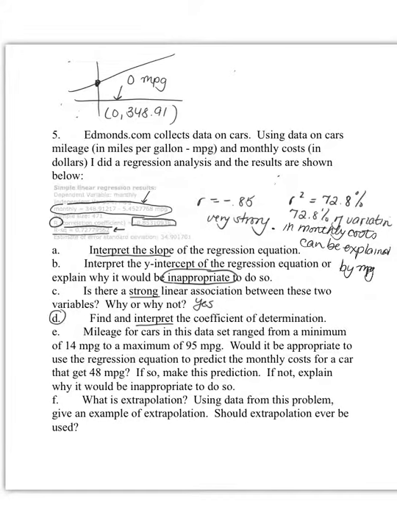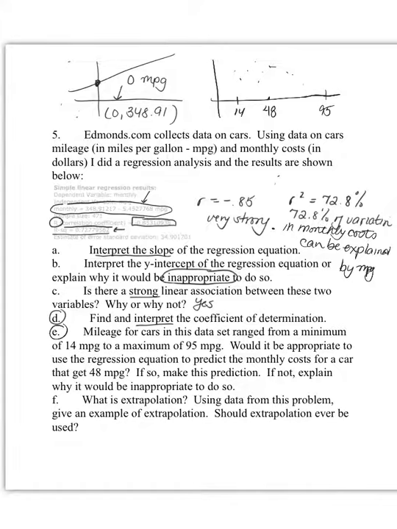All right, and number E asks us to use the regression equation if it was appropriate. So it said that in this data set, the data that we had, it went from x is equal to 14 to x is equal to 95. And you were asked, can we make a prediction for a mileage of 48?